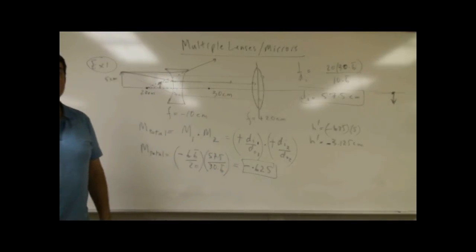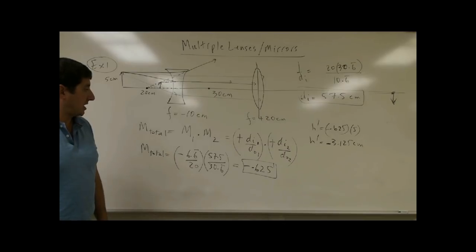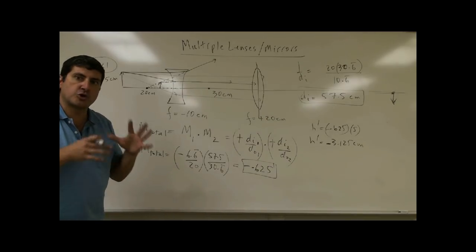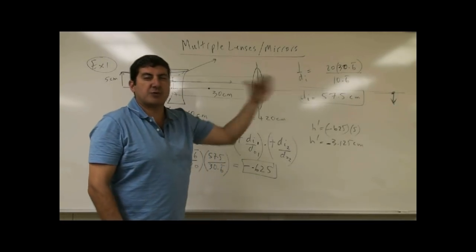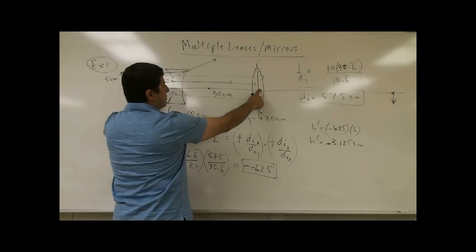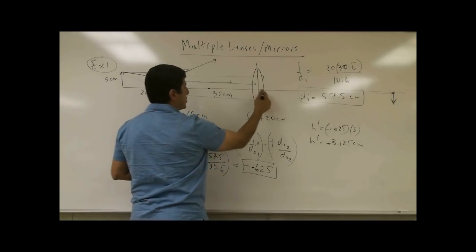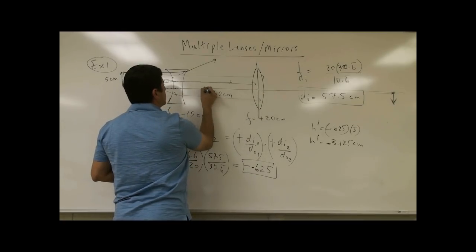Is the image going to be real or virtual? Okay, how do we know that? One way you can do it is to analyze the ray diagram and see what's happening. If this one is acting as an object for that, if the focal length of the converging lens is 20 centimeters, that means the focal length of this one is about here, right?